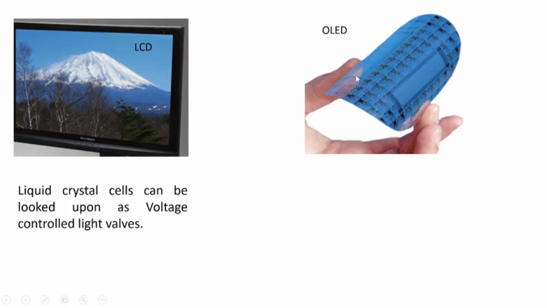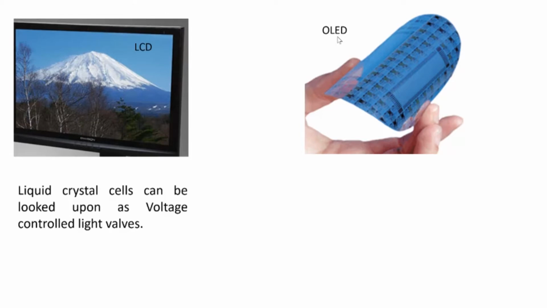Our interest is not so much on the details of how an organic light emitting diode is made and its properties. For us, we need to keep in mind that OLED, as we use the short form, is also a light emitting diode.